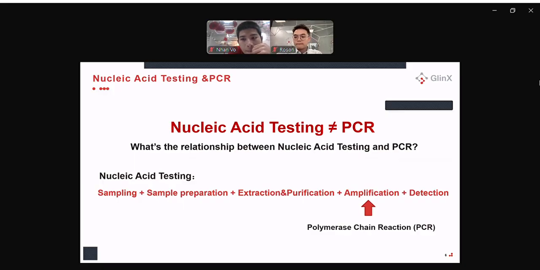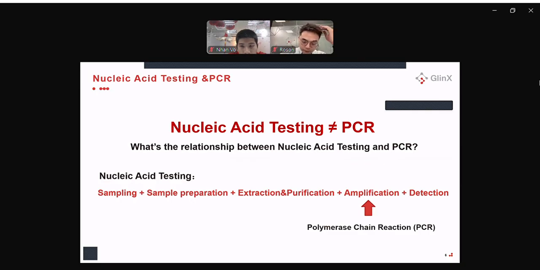And PCR, the polymerase chain reaction, is the most crucial technical step within the whole nucleic acid testing process, but it is not the only step in the entire process.